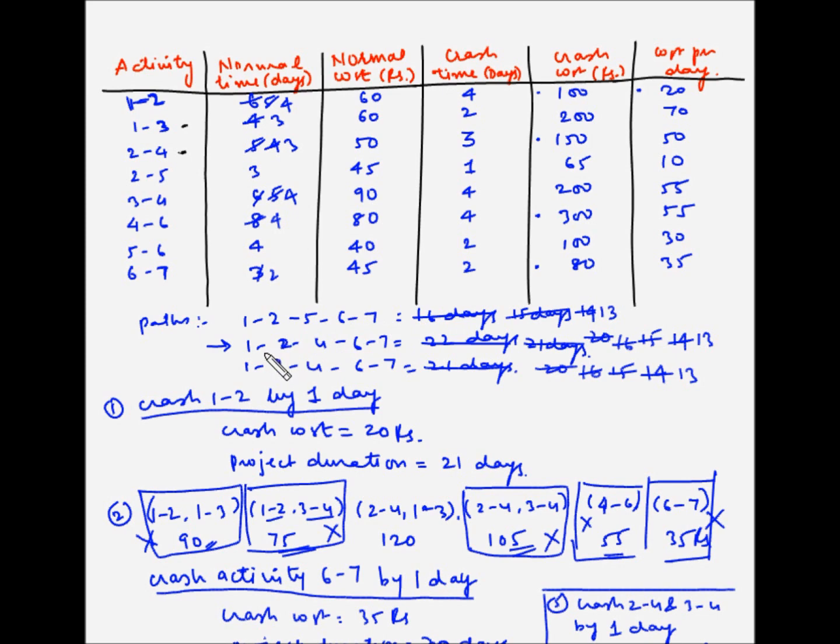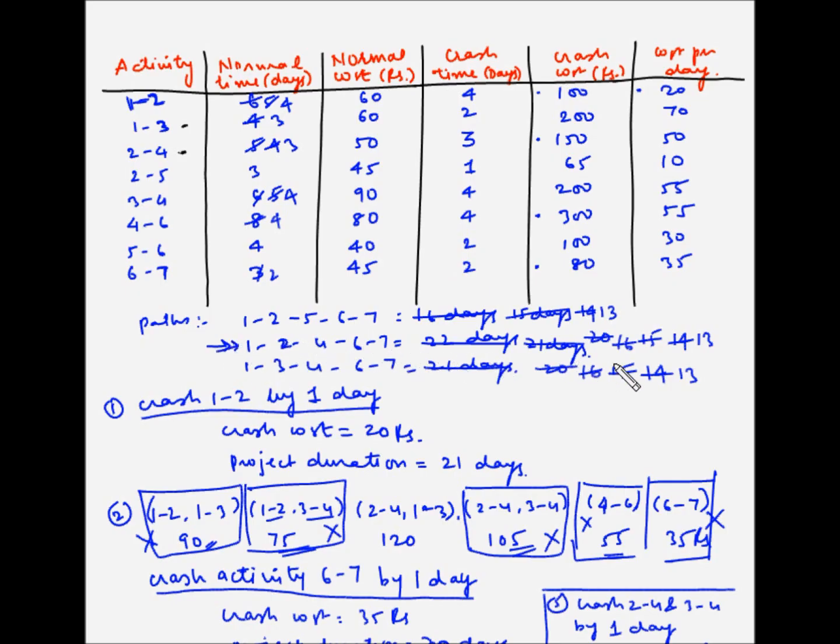Now let's look at the next path, 1, 2, 4, 6, 7. So 1-2 has already been completely crashed. 2-4 has been completely crashed as well. 4-6 has also been completely crashed, and 6-7 has also been completely crashed. So basically this path we cannot crash any further.